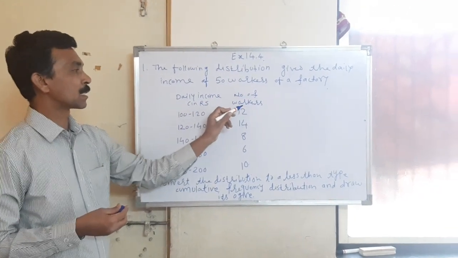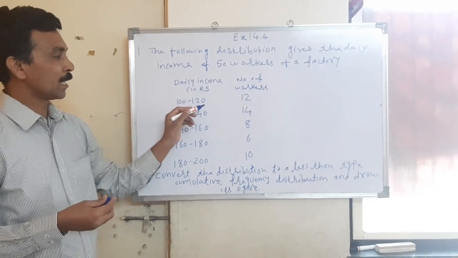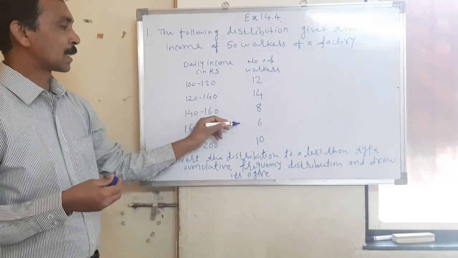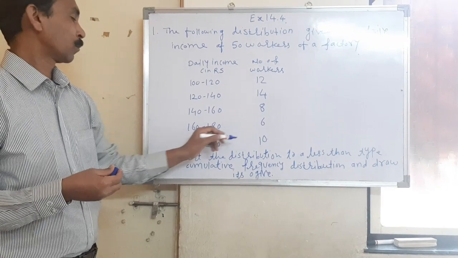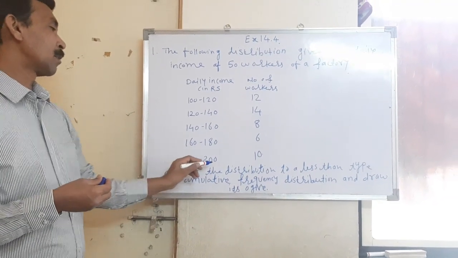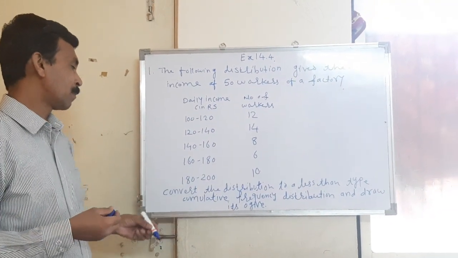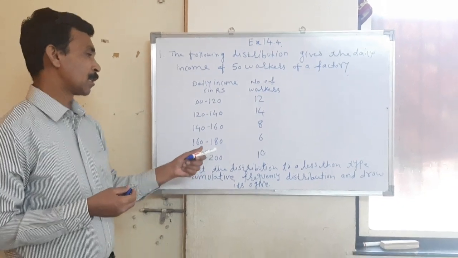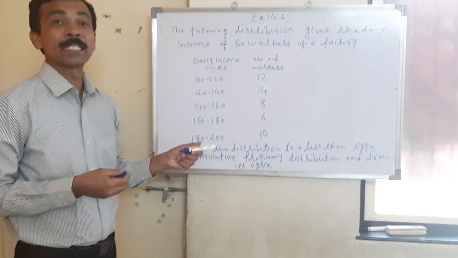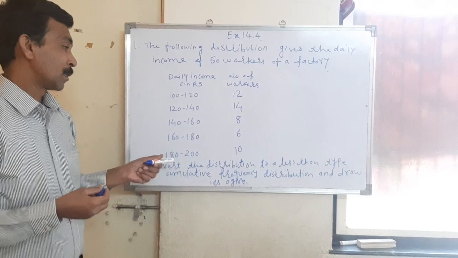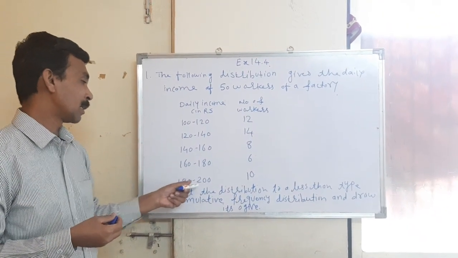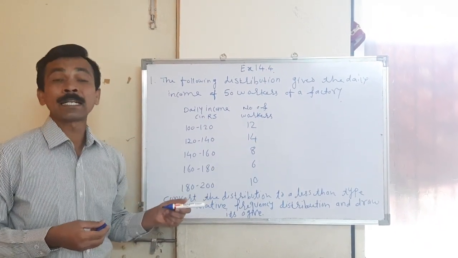Number of workers: 12, 14, 8, 6 and 10. Convert the distribution to a less than type cumulative frequency distribution and draw its ogive. Again I repeat, we have to convert the distribution to a less than type.